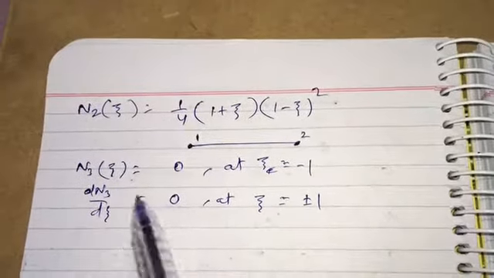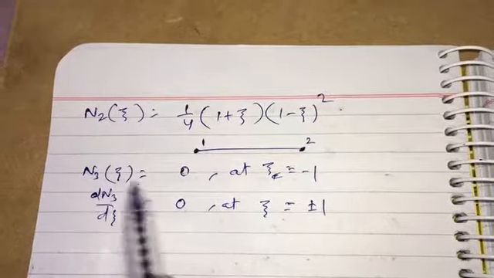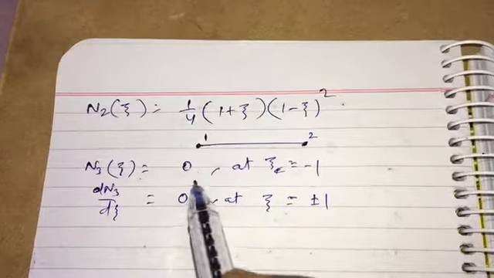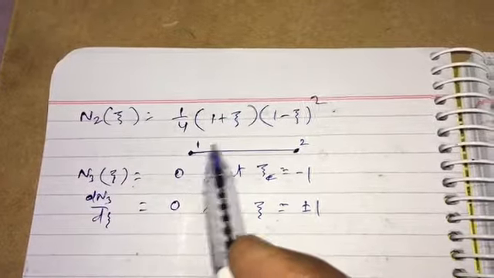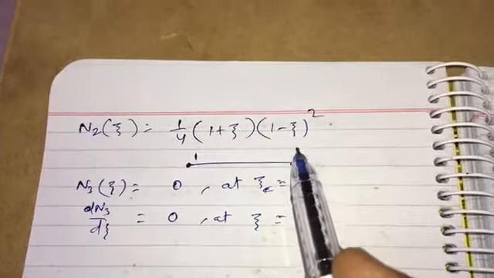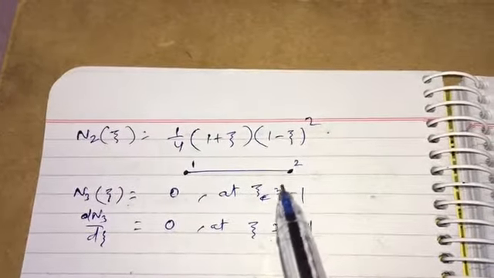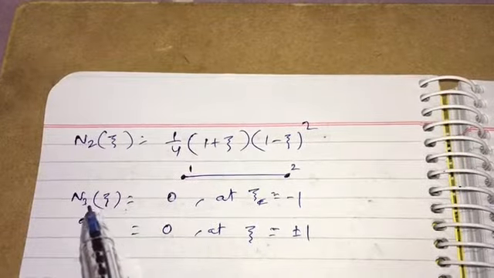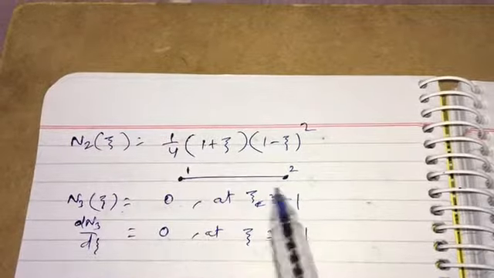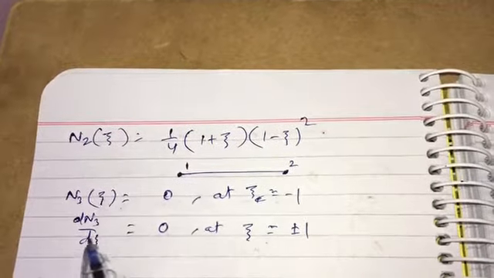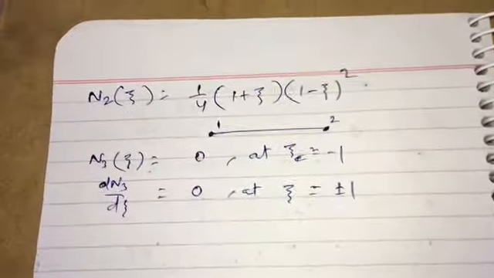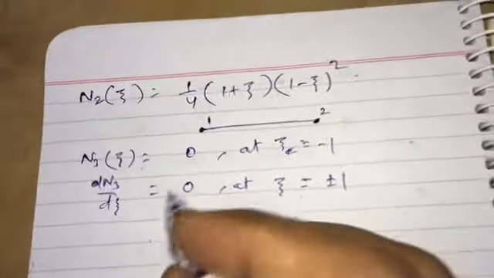Sorry, so N3 has to be 0 here, both of them. N3 relates to the vertical degree of freedom. Hence, only N3 at xi equal to plus 1 has to be non-zero, otherwise all will be 0. So, N3 equal to 0 here, dN3 d xi is 0 at xi equal to plus minus 1, that's correct. Yeah. Okay. So, then how to compose?